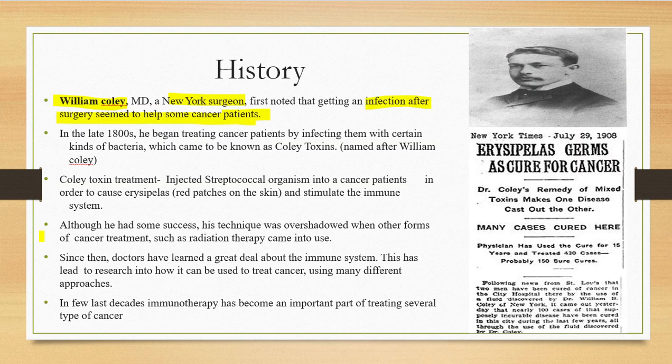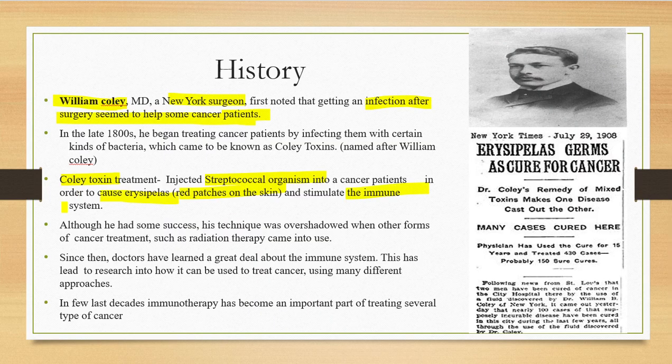He developed a treatment known as Coley's toxins, which treated cancer by injecting streptococcal organisms into the cancer patient in order to cause erysipelas, which is red patches on the skin, and stimulate the immune system.